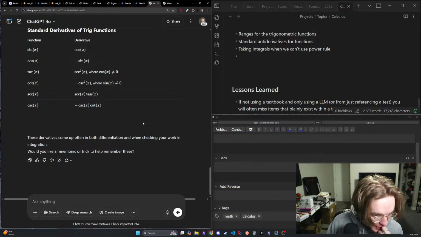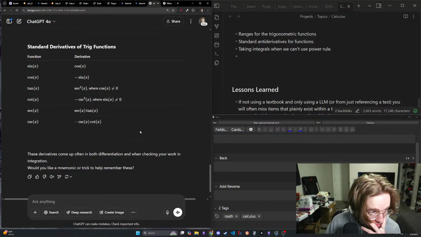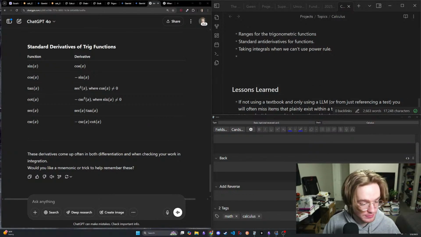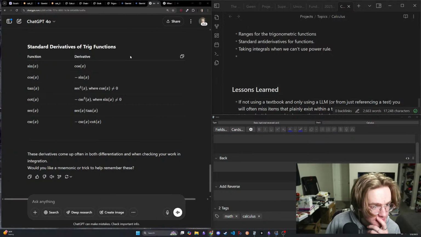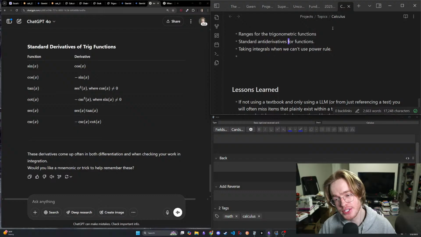Okay, I like this. I like this a lot. So I think I'll probably capture the standard antiderivatives and derivatives for functions.